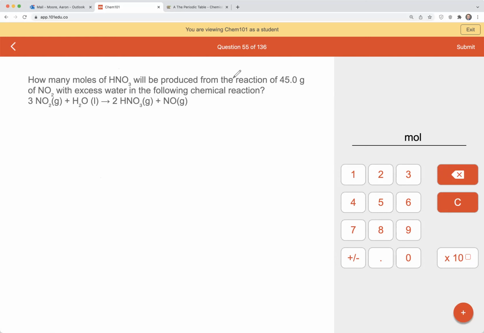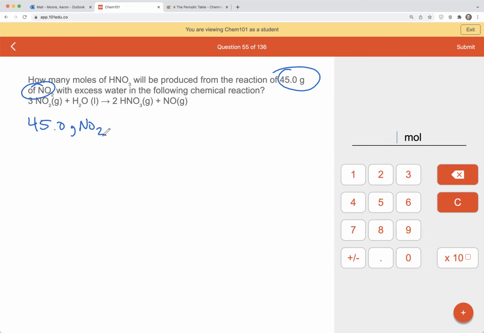So let's think about that. Well, I tell you what, we'll plug in the molar masses as we plug along. So we're going to start with this 45 grams of NO2. Okay, so that's going to be our starting point, 45.0 grams of NO2. All right, and so I can't go from grams to grams, or even from grams of this reactant to moles of this product.